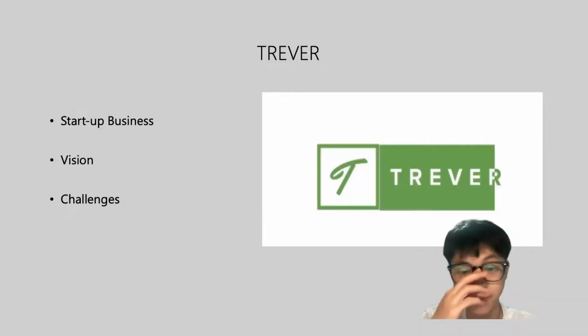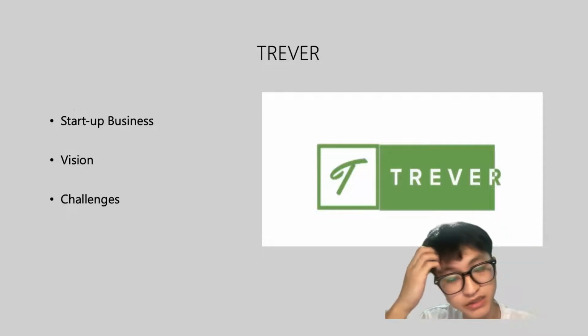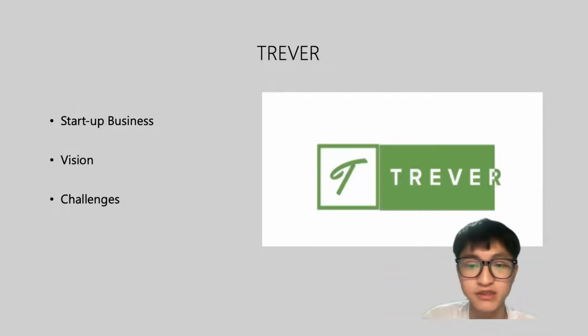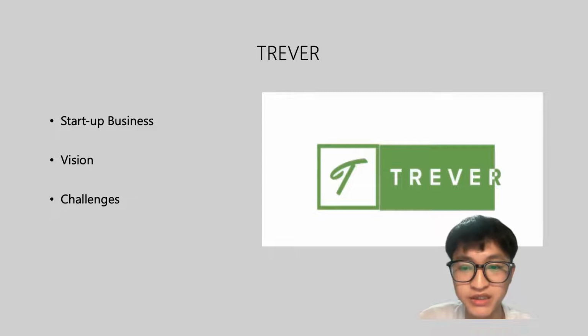So for my business, this fictional company is called Trevor, meaning a great settlement. Trevor is a startup business in the retail industry operating in London, currently with 5 stores around London, providing customers with green and fresh products.